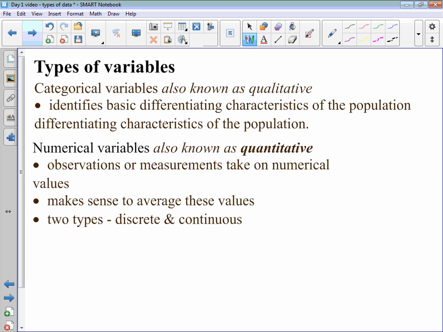So there's two main types of variables that we're going to be discussing. The first one is known as a categorical or qualitative variable, and we'll generally refer to them as categorical variables in this class. But in case you see it on the AP exam, we need to understand that this is the same thing, qualitative. This is where things are put into categories.